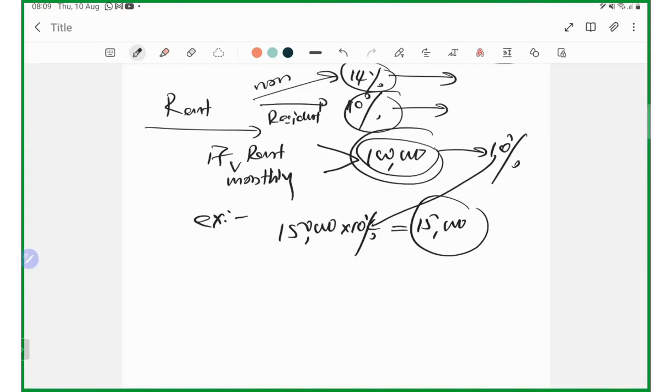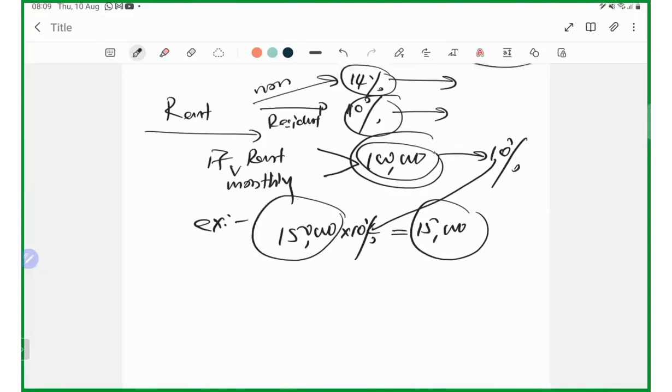So don't think you have to apply withholding tax on the excess amount after 100,000. That is not the application. So if your monthly rent is more than 100,000, you have to apply 10% withholding tax on that total rent income. Up to 100,000, the withholding tax is not applicable for a resident individual.